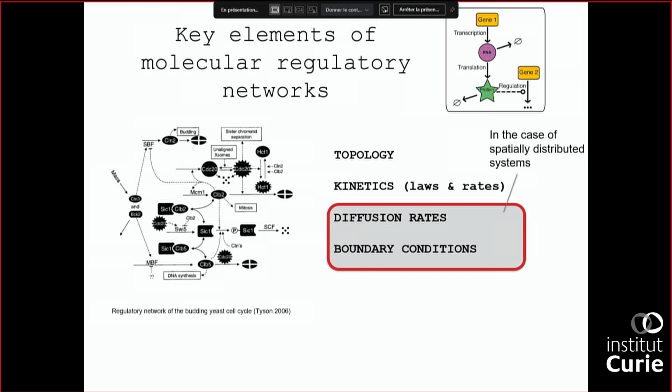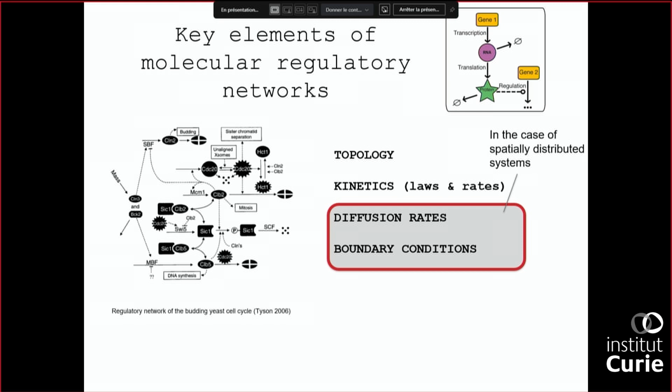You need to take care of the kinetics, the kinetic laws and the kinetic rates. The laws, because they affect the linearity and non-linearity of the elements in the mathematical description of the system, and so they affect the dynamics. And the rates, because they will position your system in parameter space. You know that for those dynamical systems, you can have very different behaviors depending on where exactly you are in parameter space. This is something we will exemplify later on.